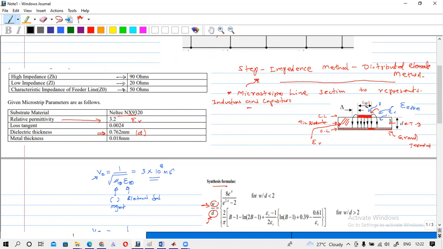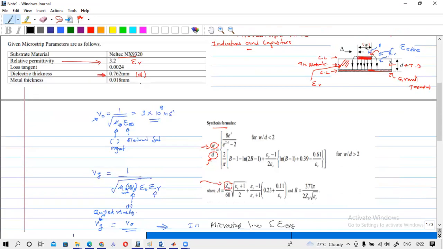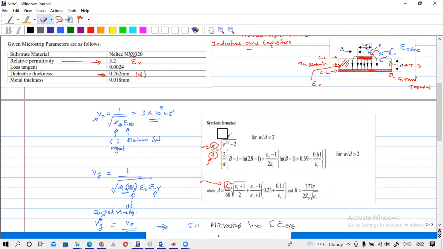So what should we do? We should first calculate the width related to these impedance values. You can use these synthesis formulas to do that.